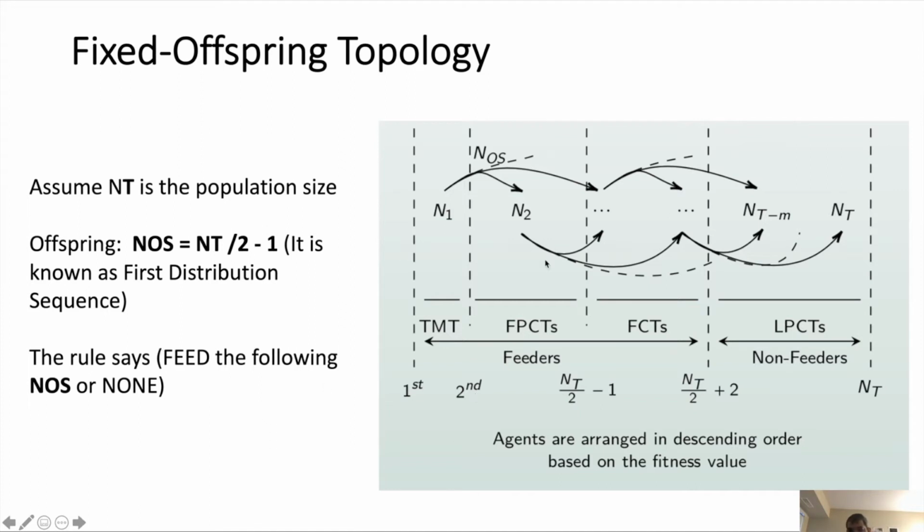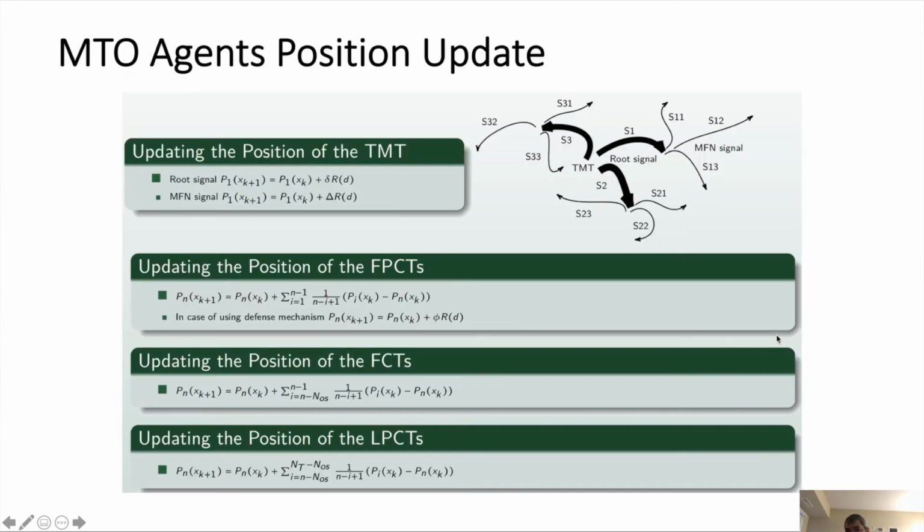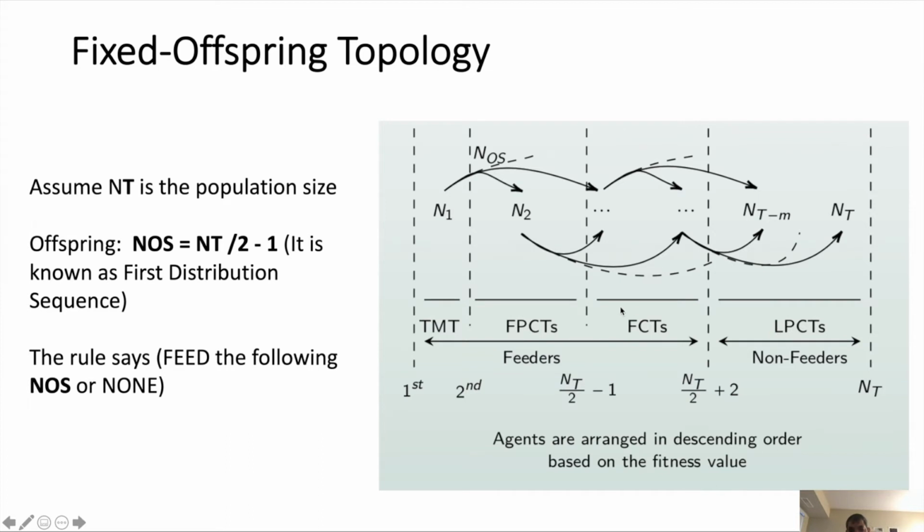Based on this classification, this way of communication, the population is divided into 4 groups: the top mother tree, first partially connected trees, fully connected trees, and large partially connected trees.